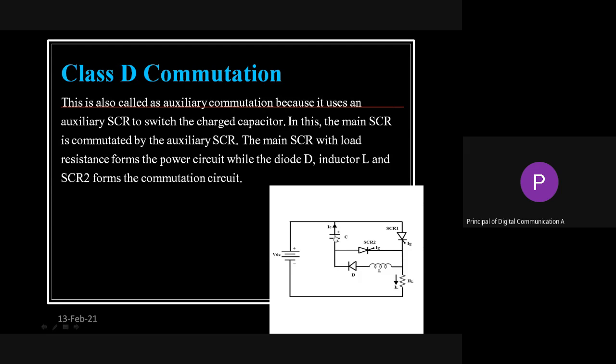So in the positive half cycle the diode will be on, and in the negative half cycle the diode will be off. So that is when the capacitor is going to start discharging. At the same time the inductor will start storing the charge.